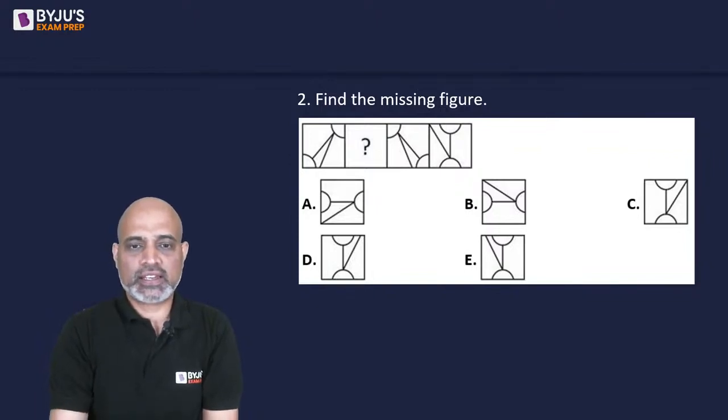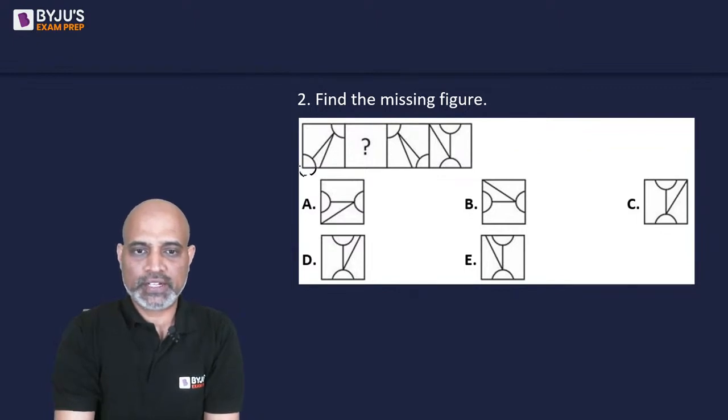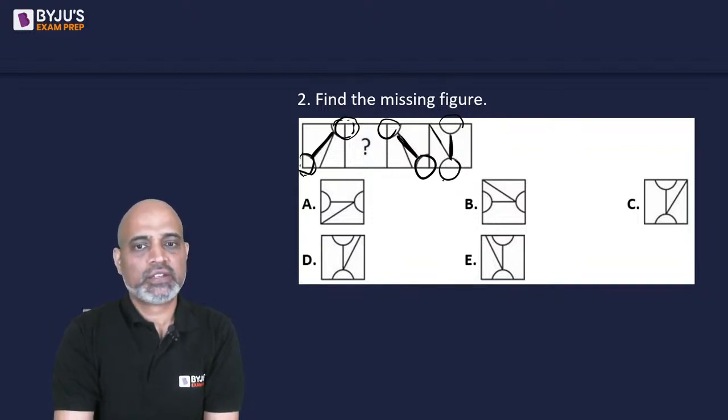So if we happen to consider this figure, if we complete this, and if we follow this, this looks like a dumbbell, right? एक सर्किल इधर, एक सर्किल इधर, और ये डंबल है. There is one circle here, there is one circle here, there is a dumbbell, right?